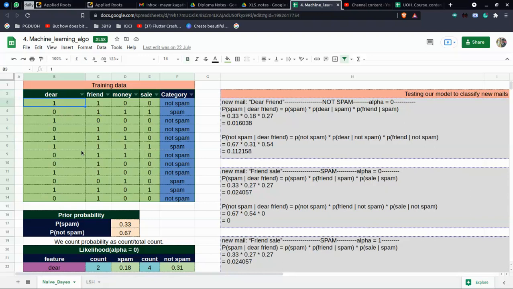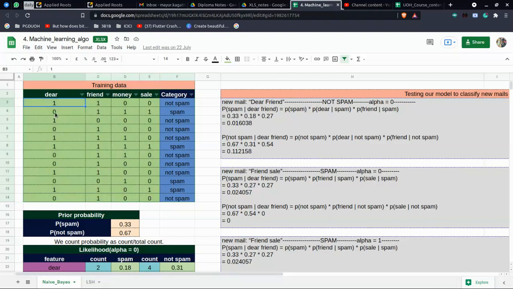Can I say the probability of seeing the word deer in my mail is 6 divided by some value? How many are there? The count is 12. 6 by 12, can I say that? No. The probability of deer is 6 by the total number of words you have in your mail.